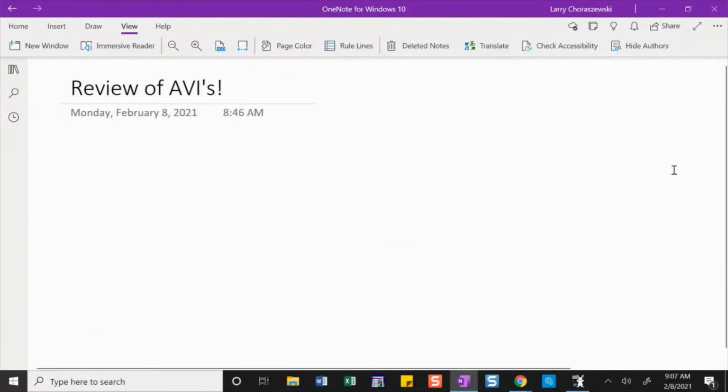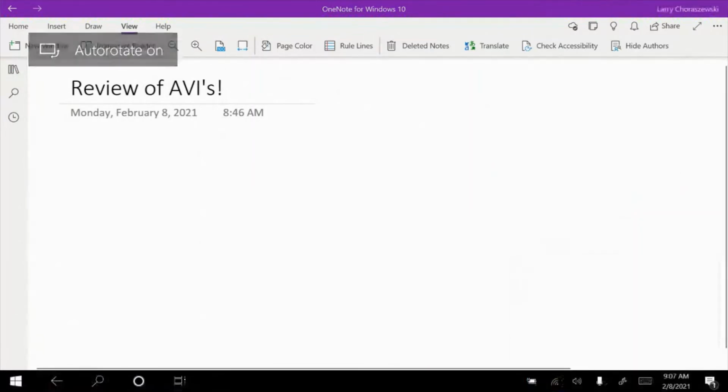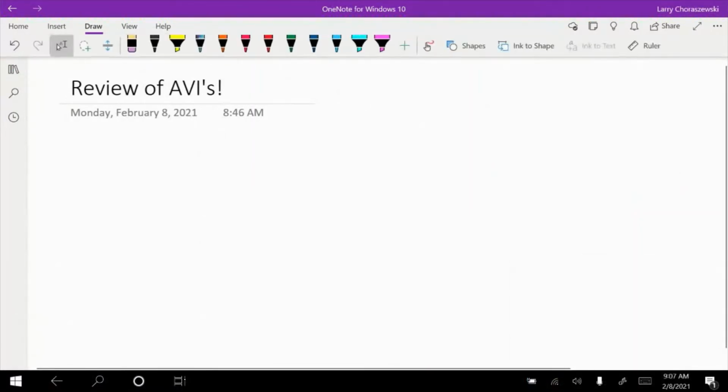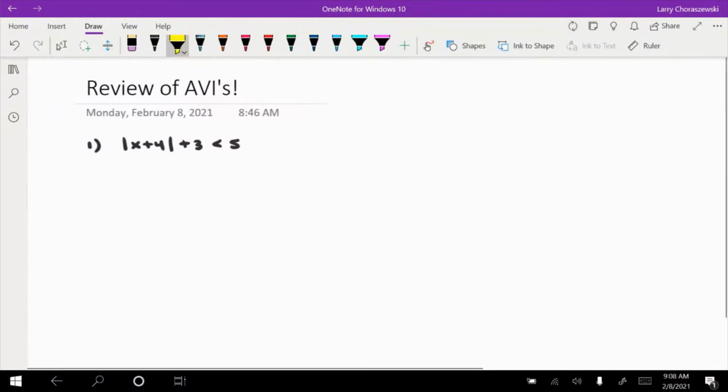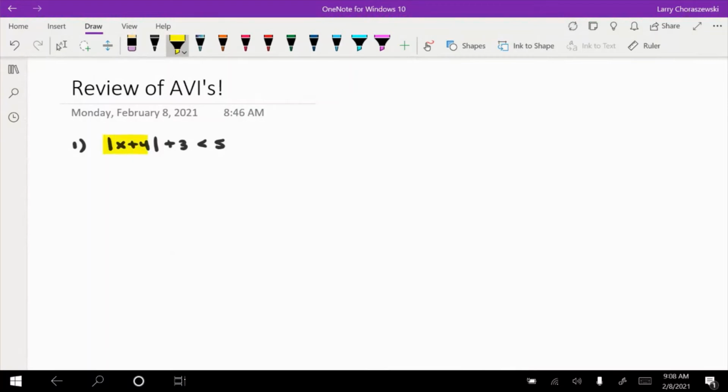I'm going to jot down the first of the extra practice absolute value inequalities. Call this example 1. Let's do the absolute value of x plus 4, plus 3, is less than 5. Okay, so your first focus should be on isolating the absolute value, which is not totally isolated.